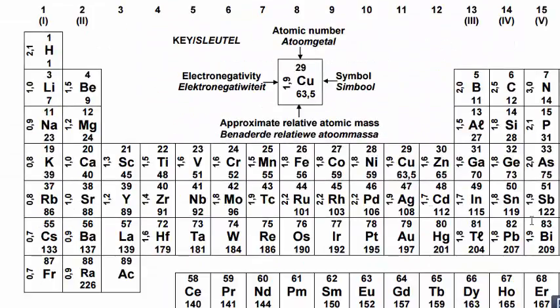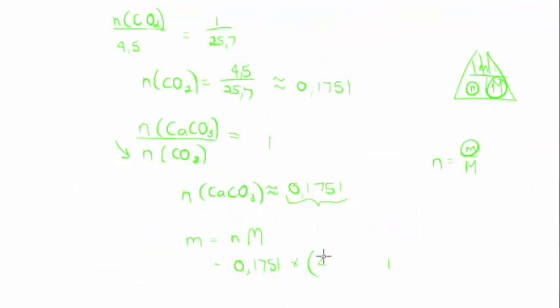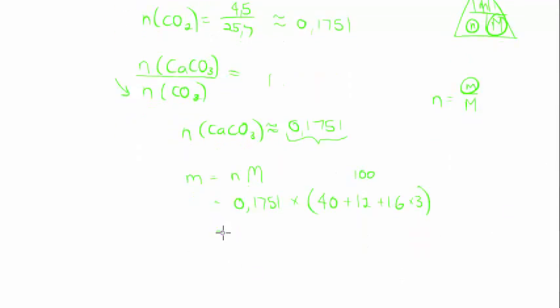calcium is 40, carbon 12 and oxygen 16, so it's 40 plus 12 plus 16 times 3. 16 times 3 is 48, plus 12 is 60, plus 40 is 100.